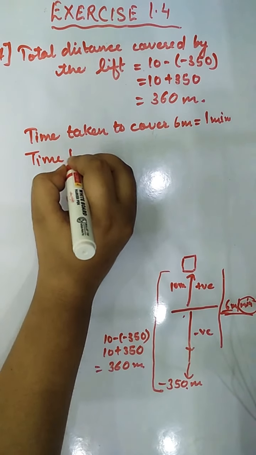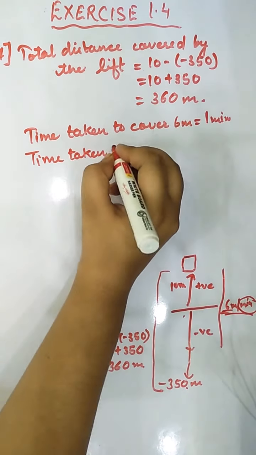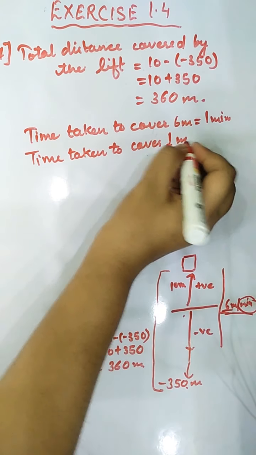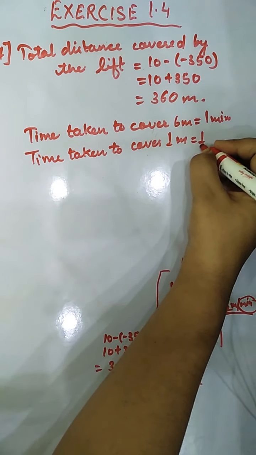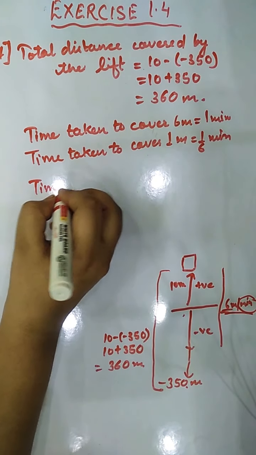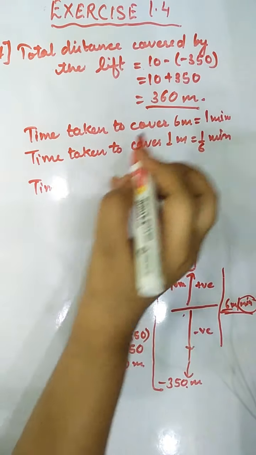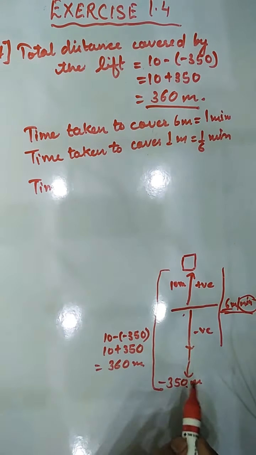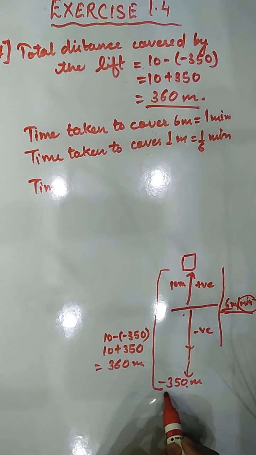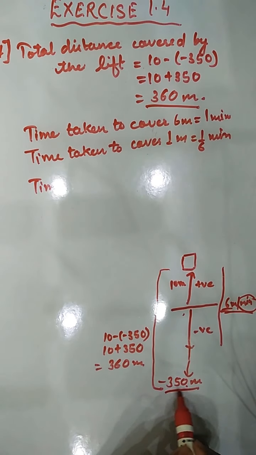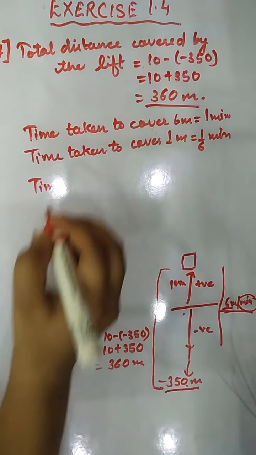Time taken to cover 1 meter. Unitary method you all know, that is 1 by 6 minute. Then how much time we need to cover 360 meter, because we have to find the time when it reaches the distance of minus 350 meter below the ground.